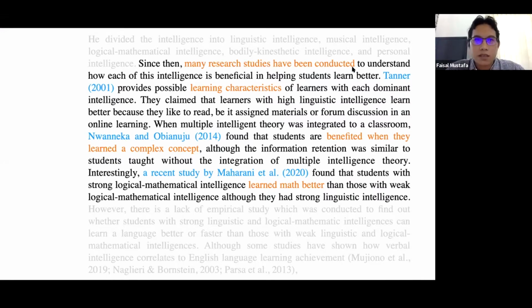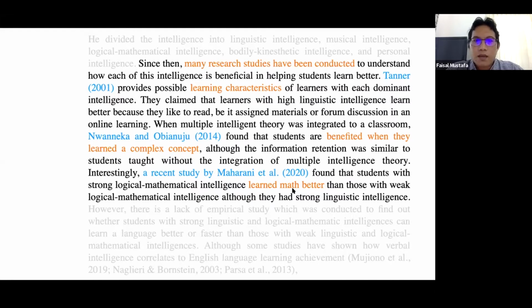Then you present what we already know, such as its learning characteristics based on the intelligences, and how it benefits students if multiple intelligences are considered in the classroom. And then another research study here: students with strong logical mathematical intelligence learn math better. So these are what we already know in your topic.